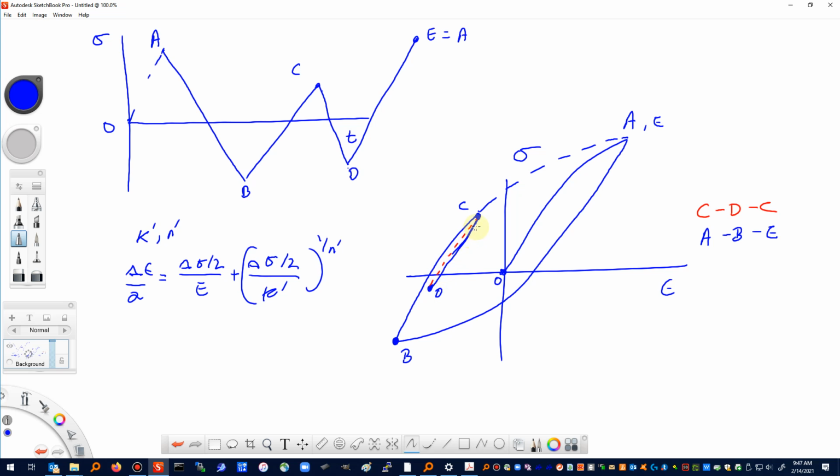And the stress range is a lot smaller from C to D to C than it is from A, B, E.